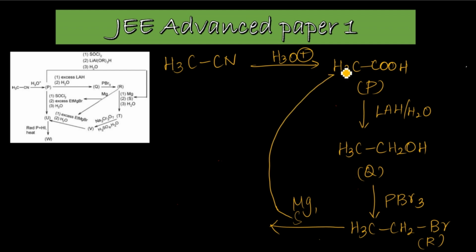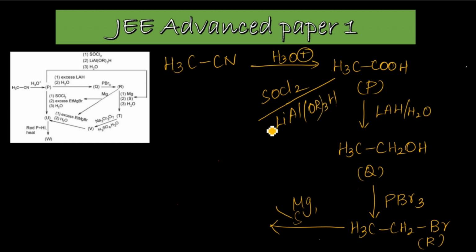That is from acetic acid. The reagents given are SOCl2 and then a lithium aluminum compound with H2. First it will form CH3COCl, then that will give you CH3CHO. That is our S.